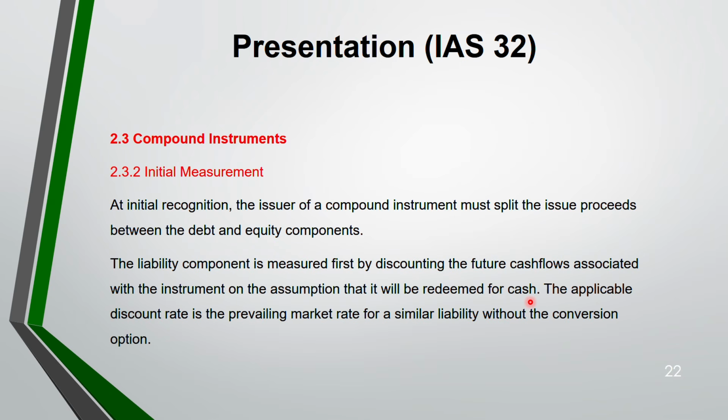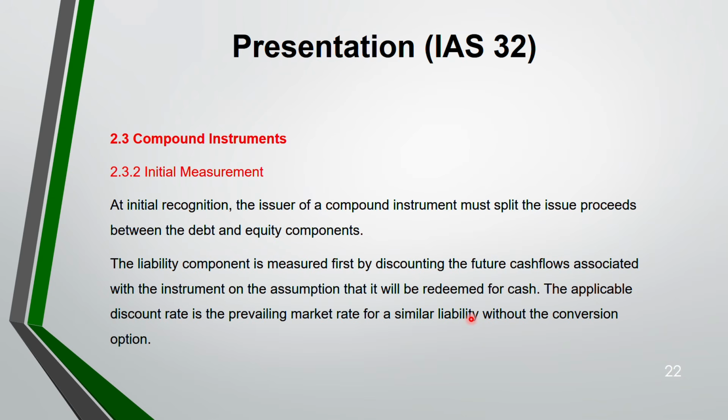So it can be redeemed for shares also, but we are assuming it will be redeemed for cash. Remember, the discount rate that you have to take is the market rate for a similar liability without that conversion option, because you have the conversion option. But when you are taking the discount rate, you have to choose a similar rate without that option. This will be given to you in the exam, so you do not worry.